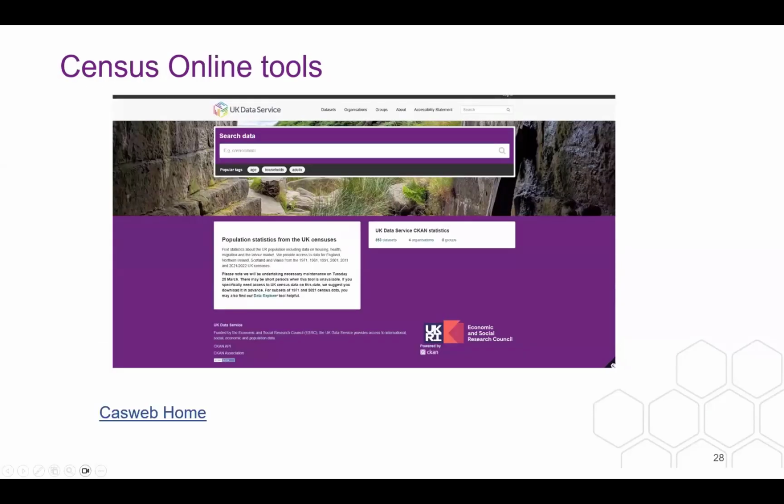If you are interested in using aggregate census data, then you can use CASWeb for 2001 and 2011. You can see the interface on the slide right here, and it's all done within your web browser via the UK Data Service website.